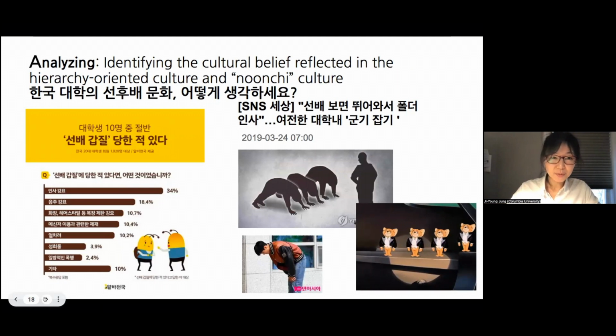For example, the first one is an infographic, and it's survey results with college students about the difficult relationships with their 선배, which is senior students in college. And Korean society is a hierarchical society. And you have to use polite speech styles and deferential demeanor when dealing with your 선배.